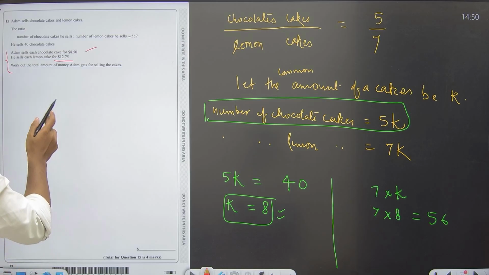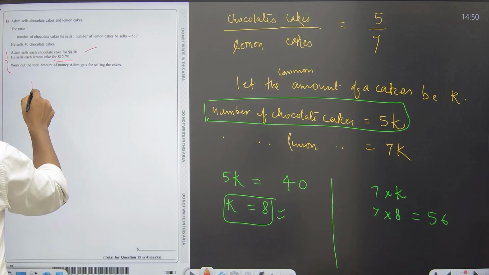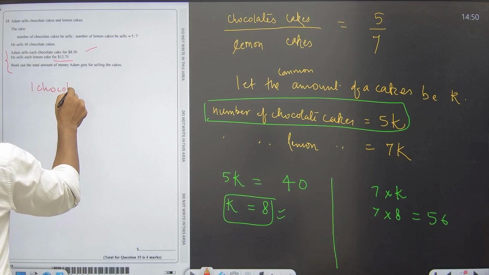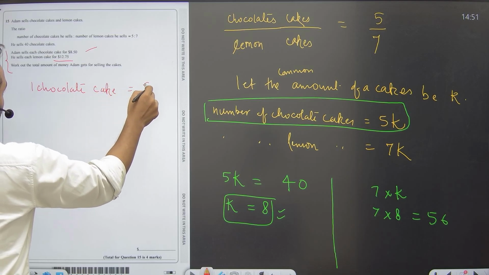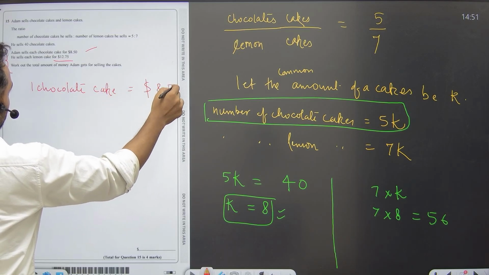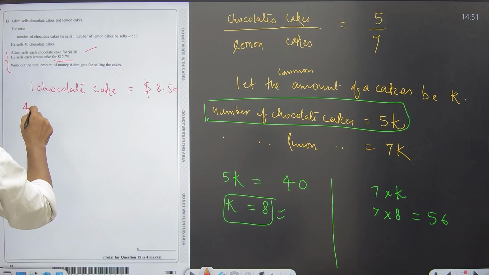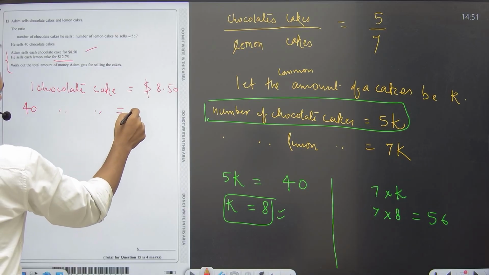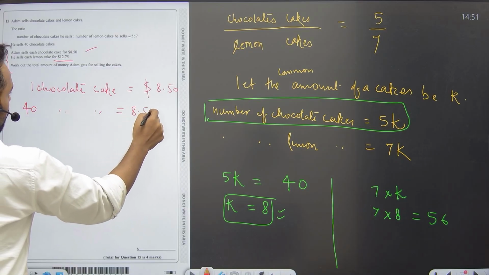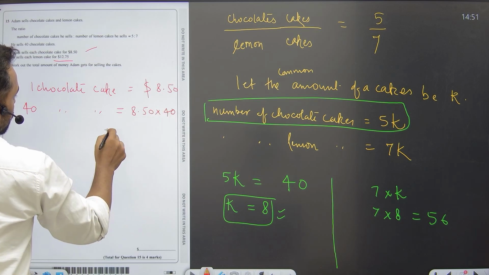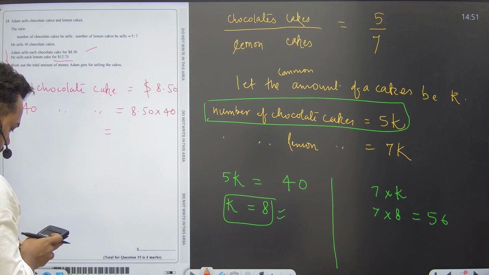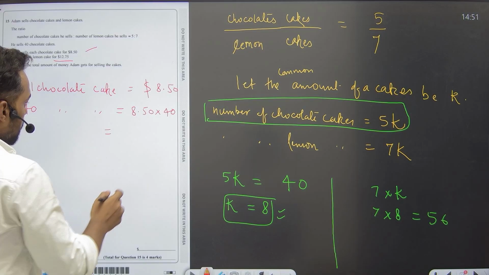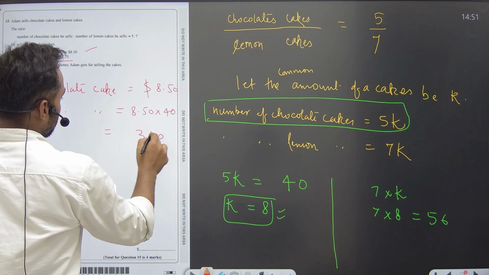So for 40 chocolate cakes, one chocolate cake was costing $8.5, so it will cost 8.5 × 40. So it will be equal to $340.